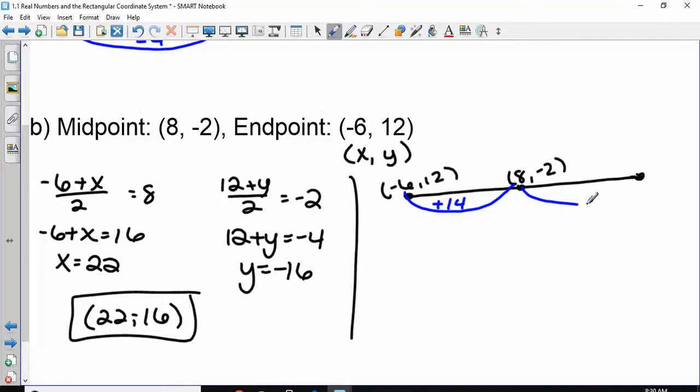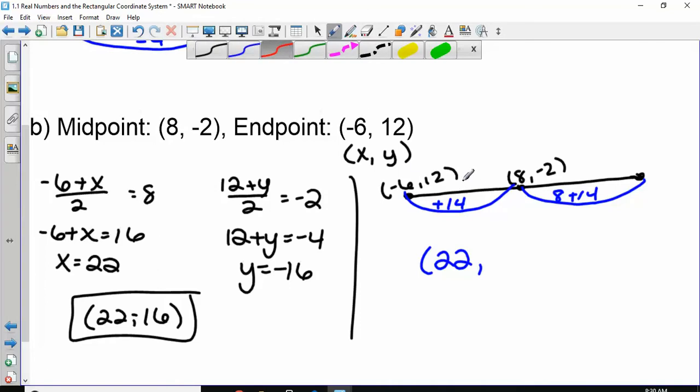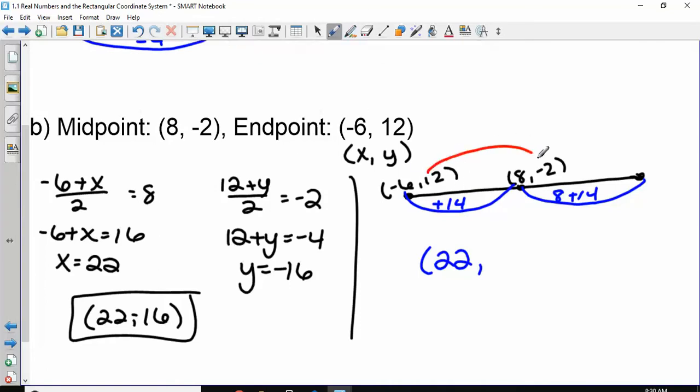So then if you add 14 again, 8 plus 14 gives you 22. If you're at your y's, to get from 12 to negative 2, you subtract 14. So if we do negative 2 minus 14, you get negative 16. So same answer, two different approaches.